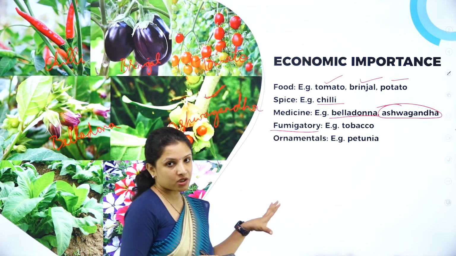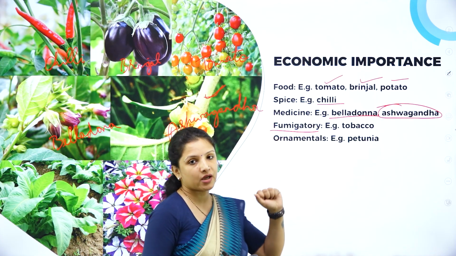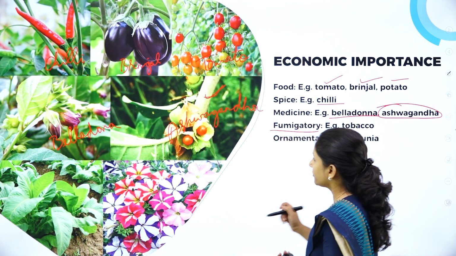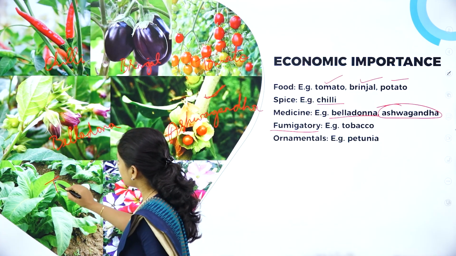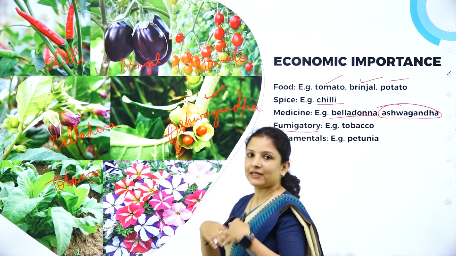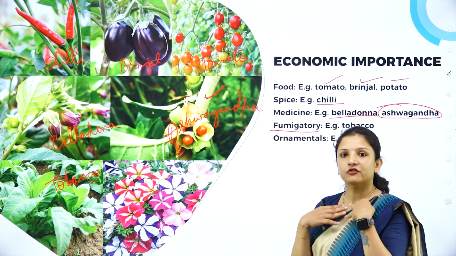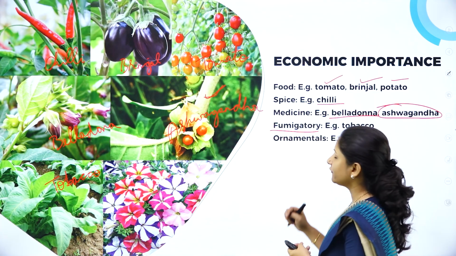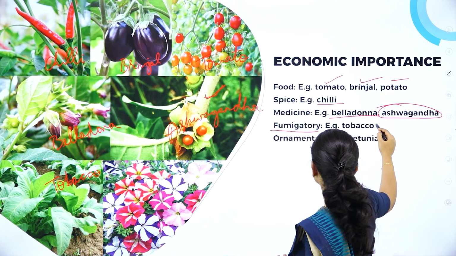That is nothing but fumigation. A good fumigatory is tobacco. They burn tobacco leaves, and it can be used for shooing away mosquitoes, insects and different sorts of pests. The best fumigatory is tobacco.